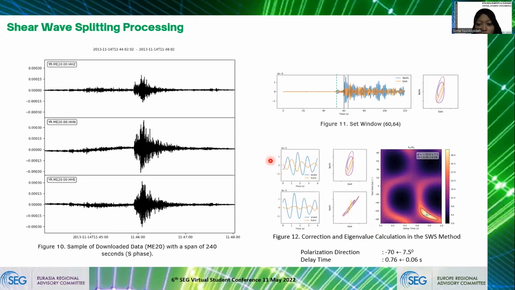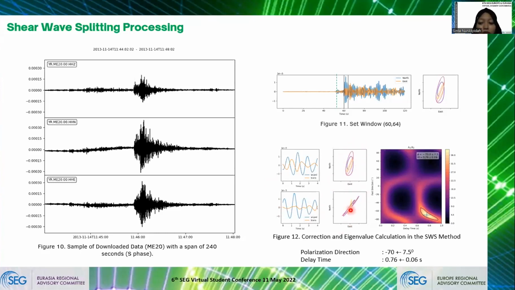The transverse wave, which is indicated by orange color, will have a value that tends to be stable and flat. The result of the correction is considered correct if we look at the motion of the seismogram particle, which was initially relatively elliptical but has become more linear.